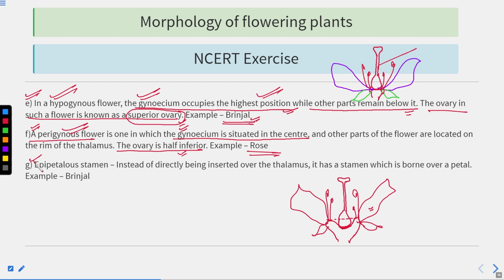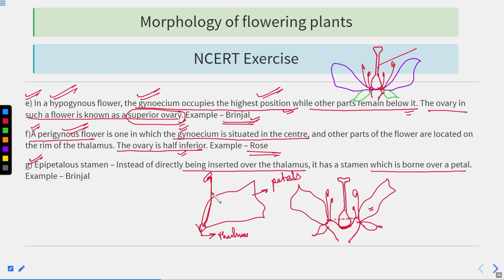Next is the epipetalous stamen. Instead of being directly inserted over the thalamus, it has a stamen borne over the petals, or attached to them. Suppose this is the thalamus, this is the petal, and this is the stamen.